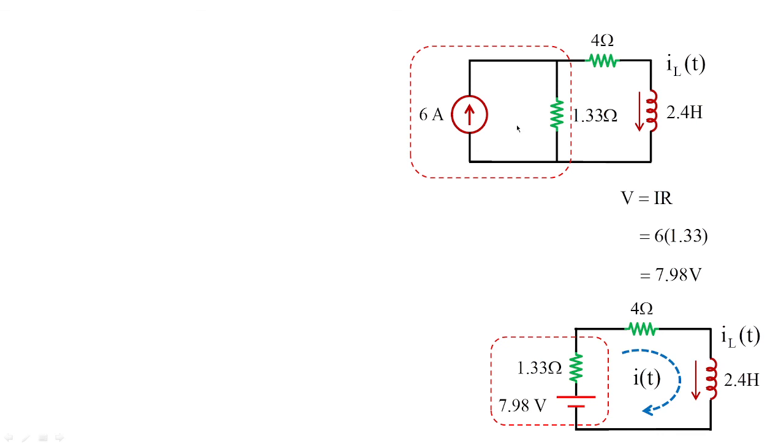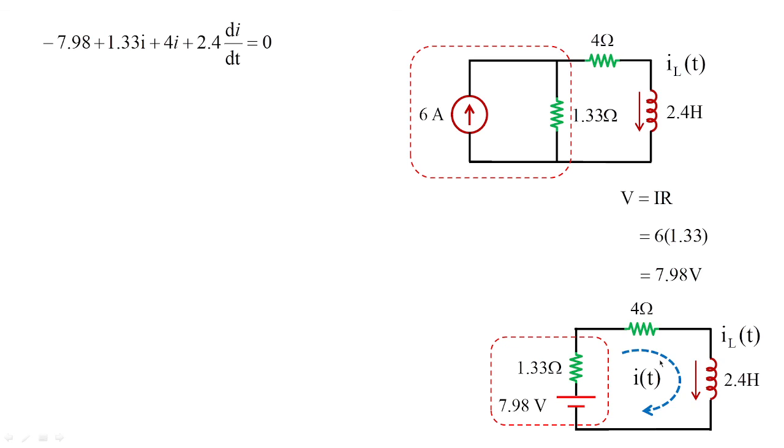Whatever the requirement is, it is not changed. Only the other part of the circuit is simplified. That is, 6 amperes in parallel with 1.33 changed to 7.98 in series with 1.33, and the rest of the circuit is connected as it is, that is 4 in series with 2.4 henries. Our intention is to find I of t or IL of t, and that is not changed.